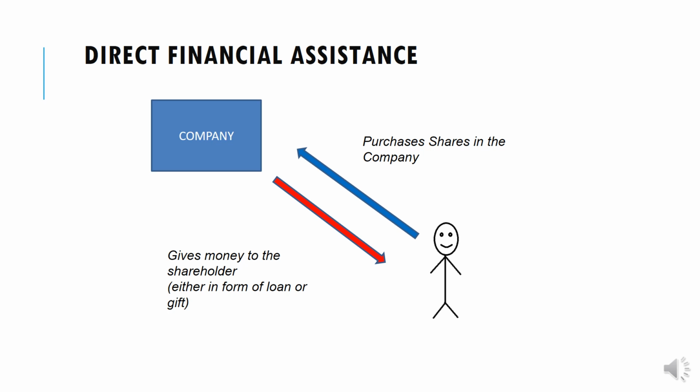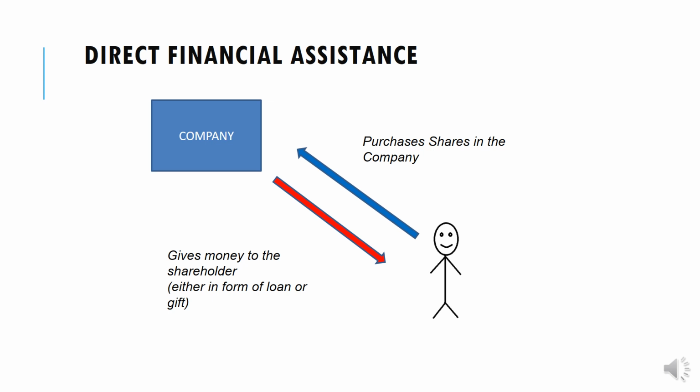This is simple. As I shared with you earlier, a company gives money to the shareholders in the form of a loan or a gift, alright? And I want to use the earlier example.